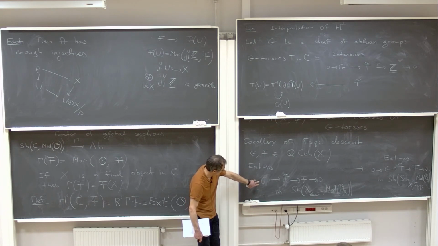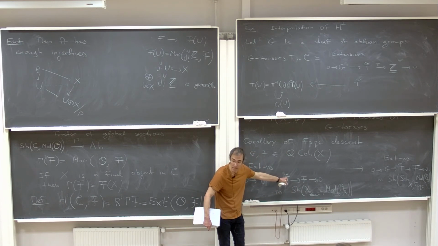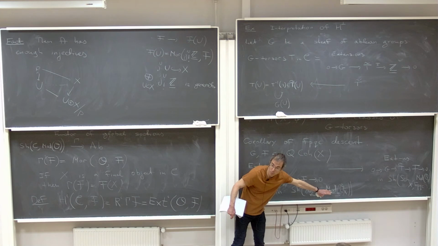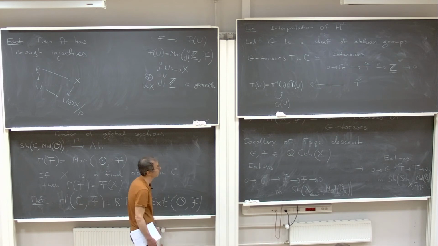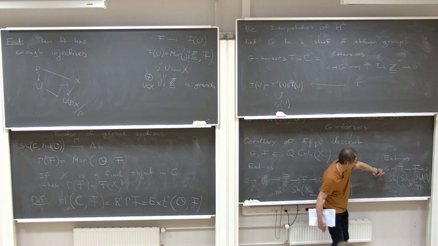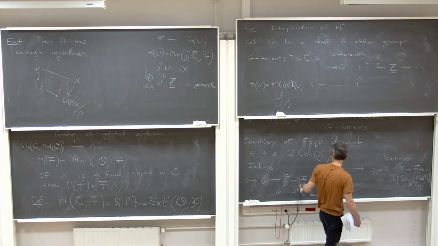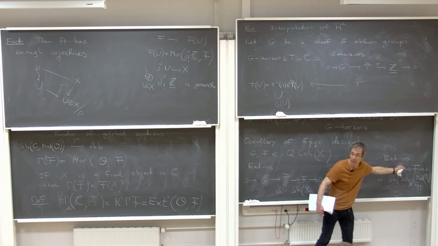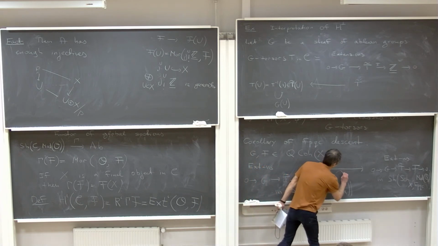A remark is that if you have an extension like this, then T tilde is automatically quasi-coherent, since the category of quasi-coherent sheaves is a subcategory of all modules, and it's stable under extensions. So I can apply the same procedure that I apply to G and F here. If I have any scheme over X, I can pull back T tilde to that scheme and get the functor. And now a corollary of faithfully flat descent is that this functor is an equivalence.